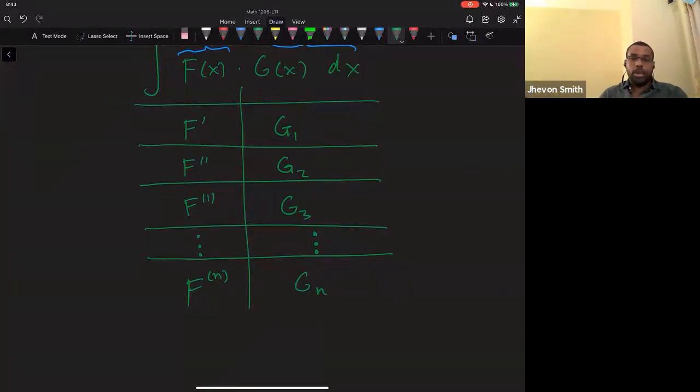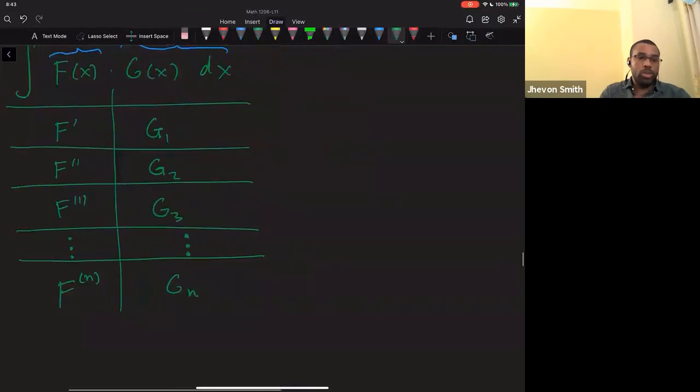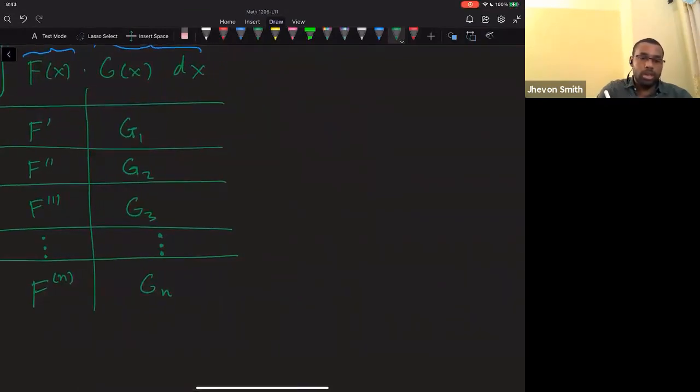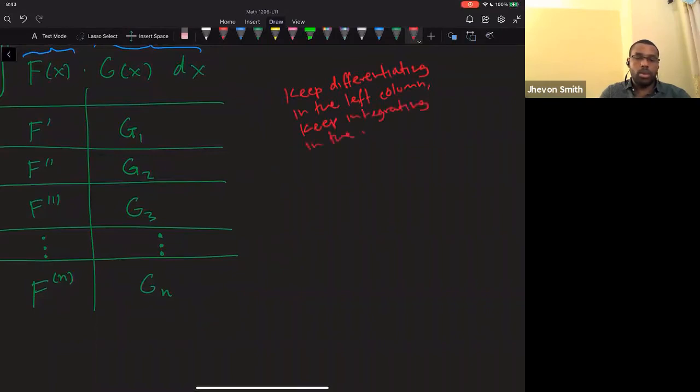And so what we're doing is keep differentiating in the left column, keep integrating in the right column.